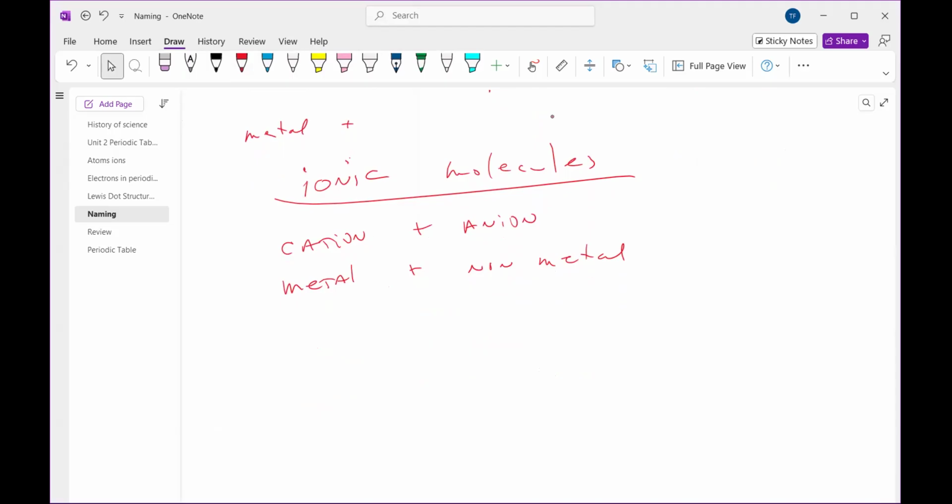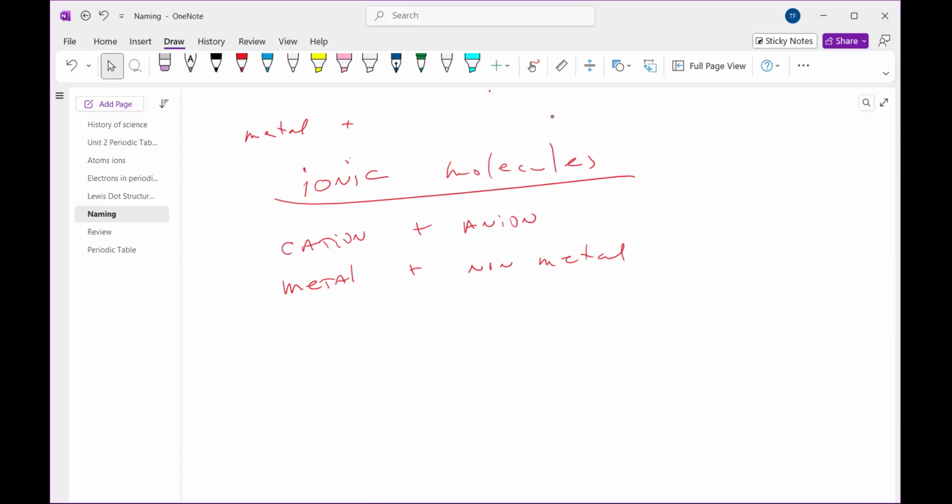And you can have cation and cation, anion and anion. No, what happens is the negative charges balance the positive charges.